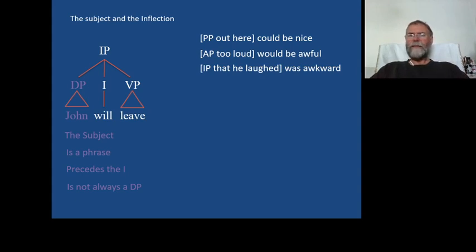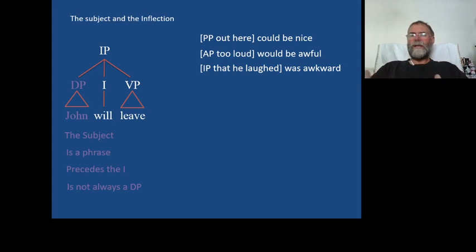Okay, and note what category of subject you have here is not dependent on which particular inflection you have. All of these subjects will go with all types of inflections. So there's no connection here between the kinds of the categories that you have in the subject position and the particular inflection that you have.